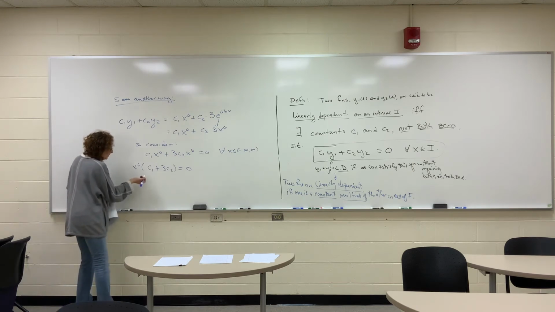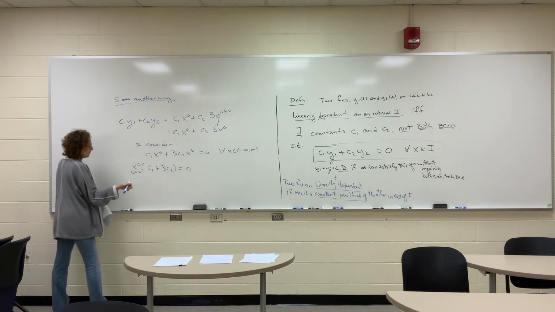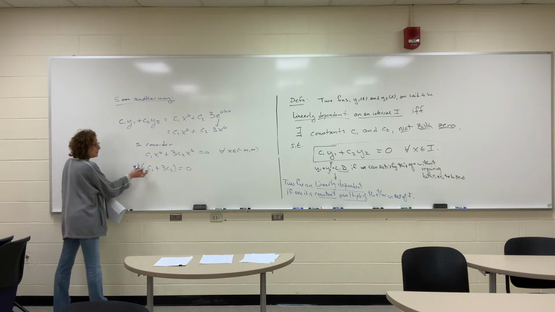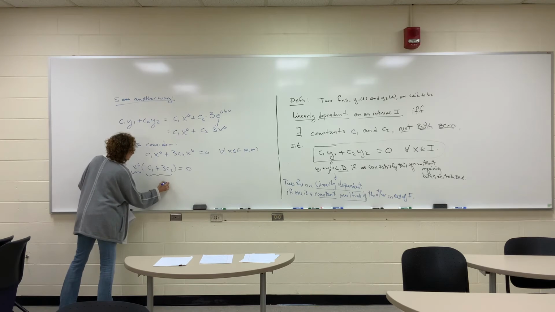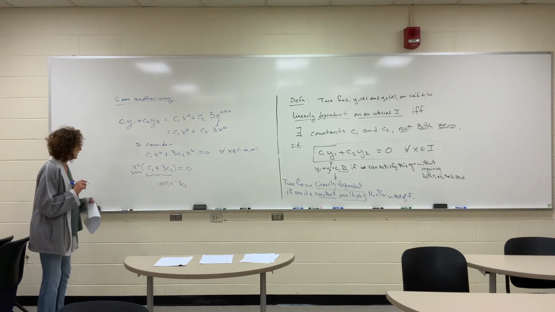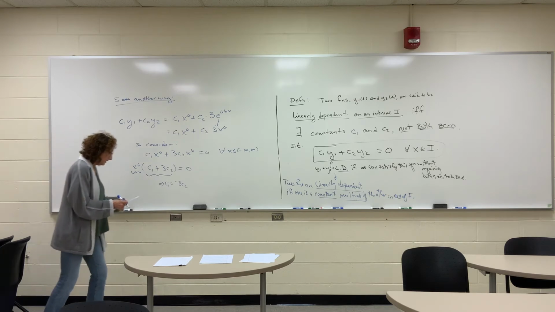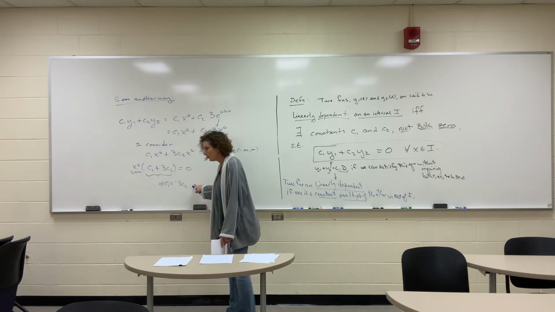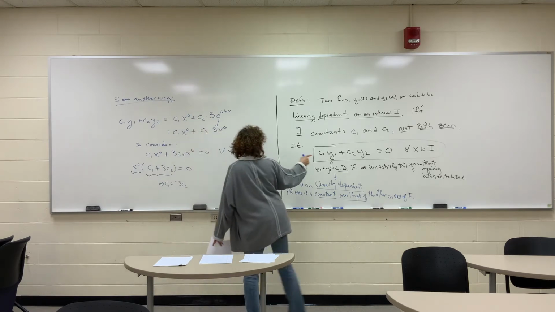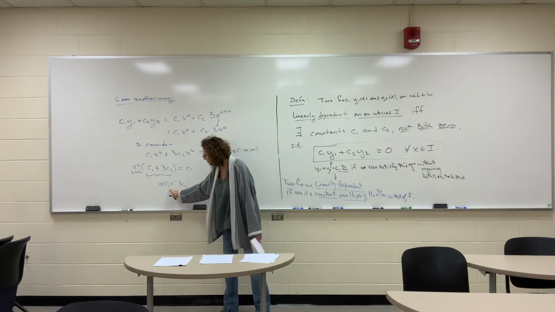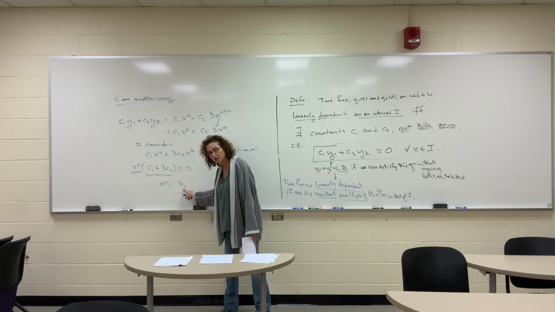So what do we know? If x is not 0, then this term is not 0, and we need this to hold for all values of x, so what would that mean? That would mean c1 would have to be minus 3c2. So what do we discover here? We can make this equation hold as long as we choose c1 to be equal to negative 3c2.